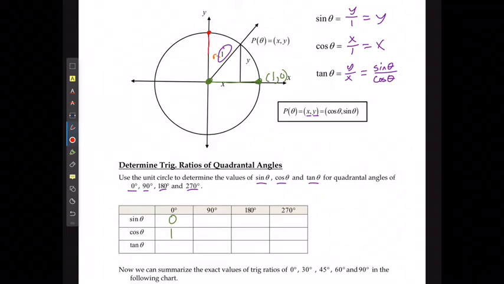At 90, I'm going to have the point of 0 and 1, so sine is 1 and cos is 0.